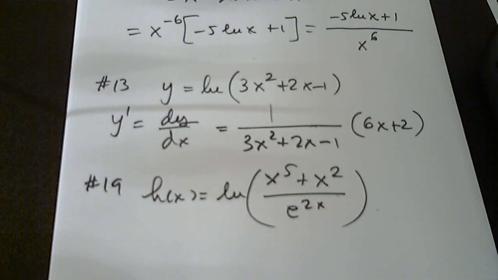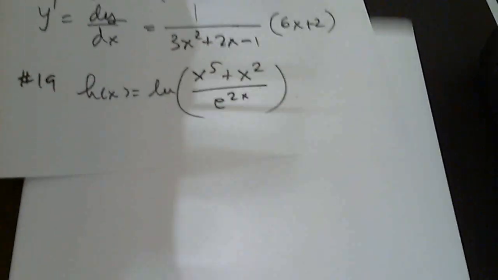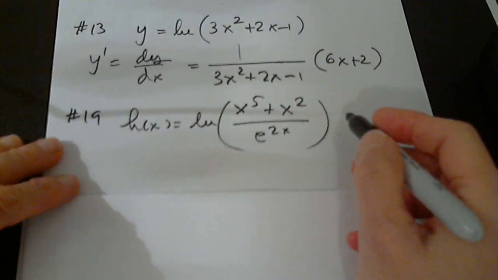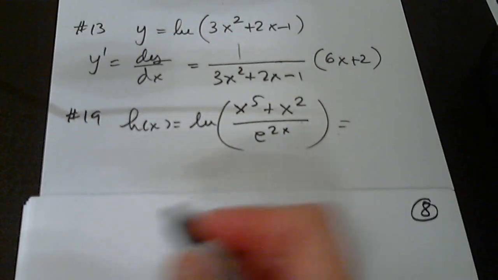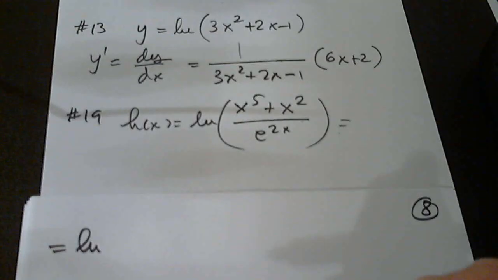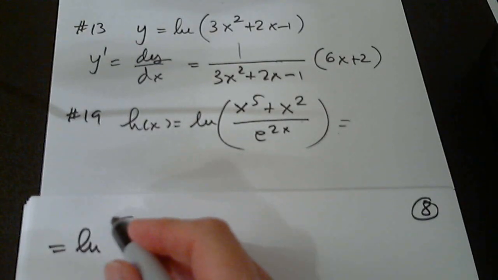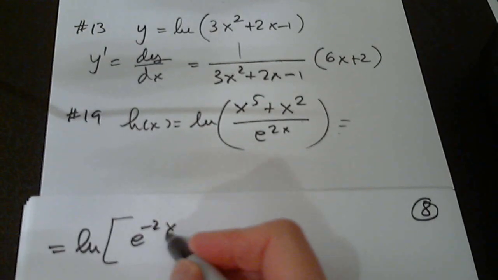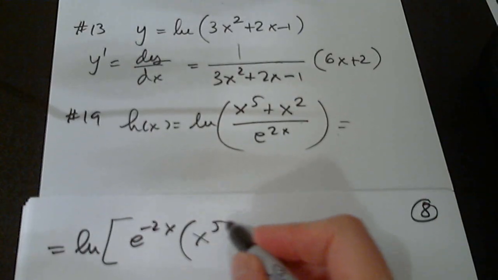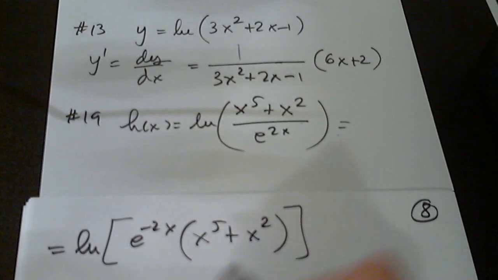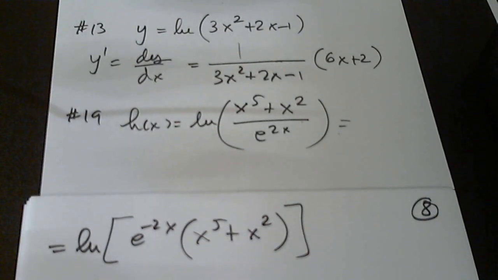Good. So in order to differentiate this, I highly recommend changing it into natural log of e to negative 2x times x to the 5th plus x squared. So now we're ready to differentiate.